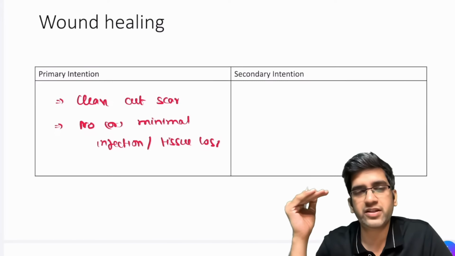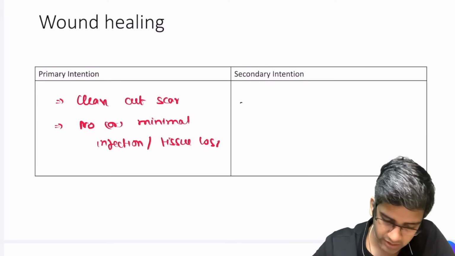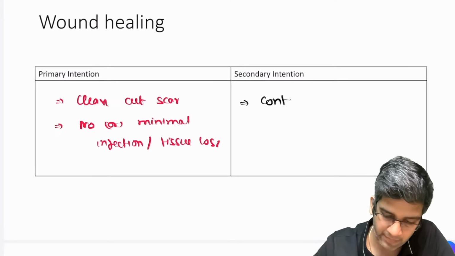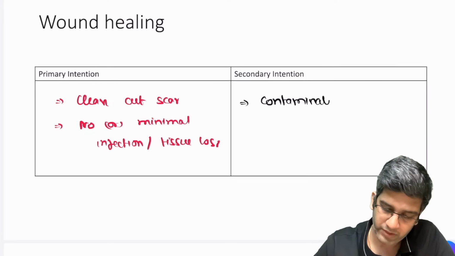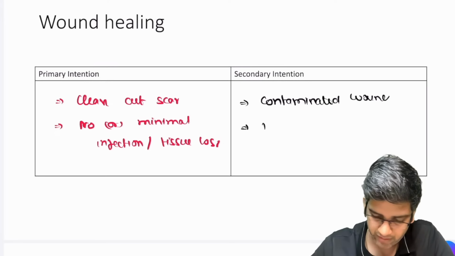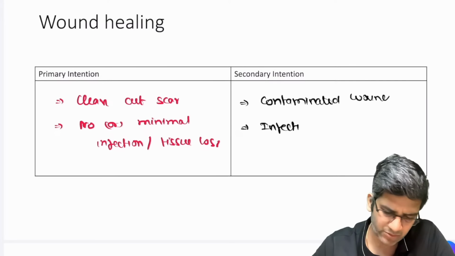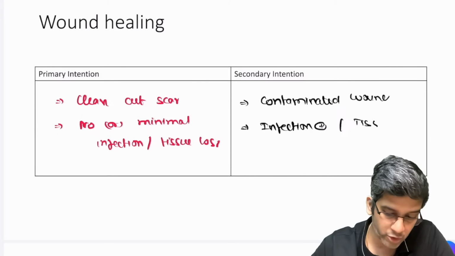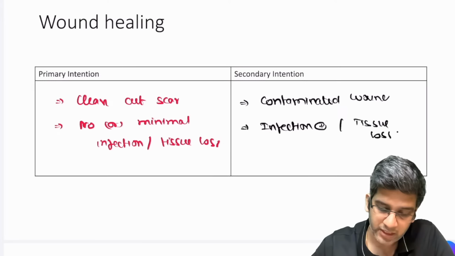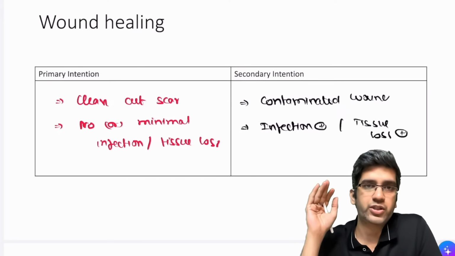If infection is there, secondary. It's not a clean wound, it's a contaminated wound. It might have infection, that's what contaminated means, and or tissue loss. If the tissue loss is significant, it won't heal by primary intention.